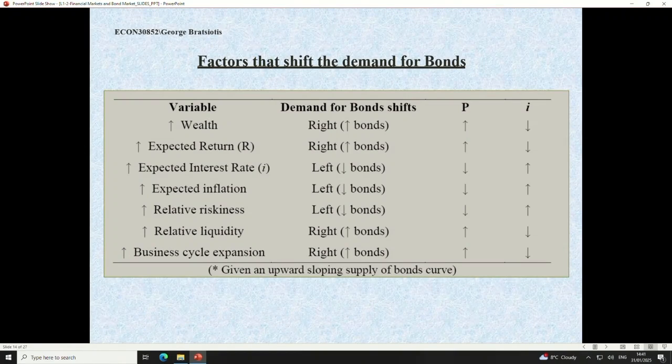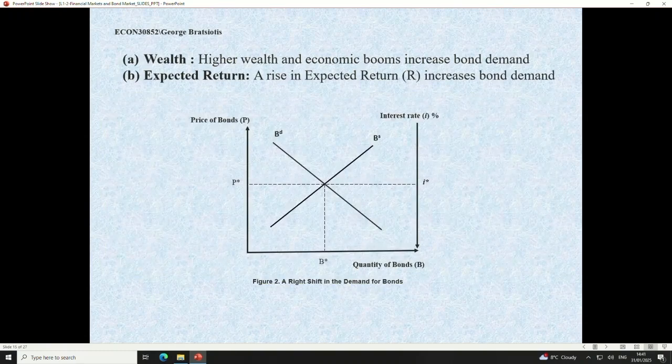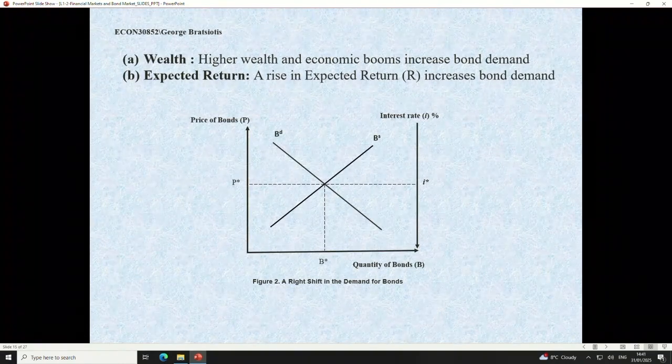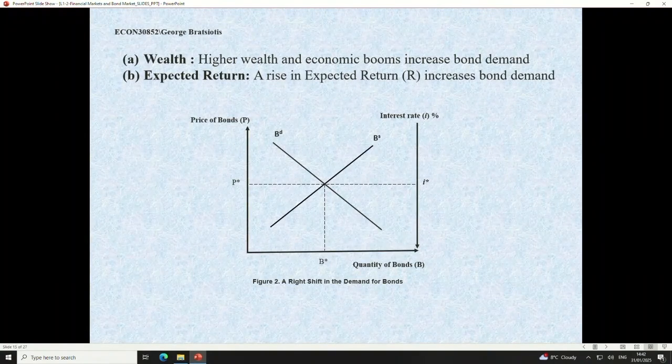So let's have a look. Wealth. Higher wealth and economic booms, for example, increase bond demand. Does that make sense? I'm wealthier, I've got more money for everything, really. Therefore, I can afford to demand more bonds.